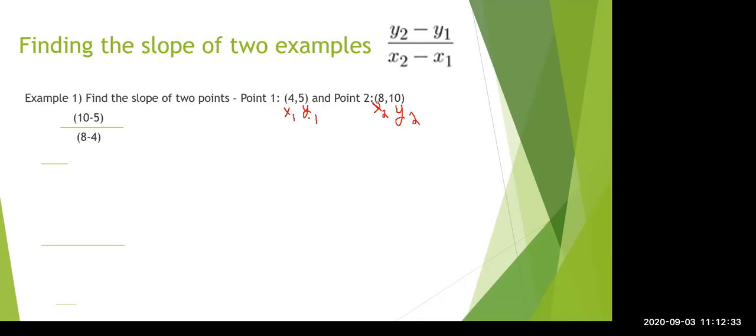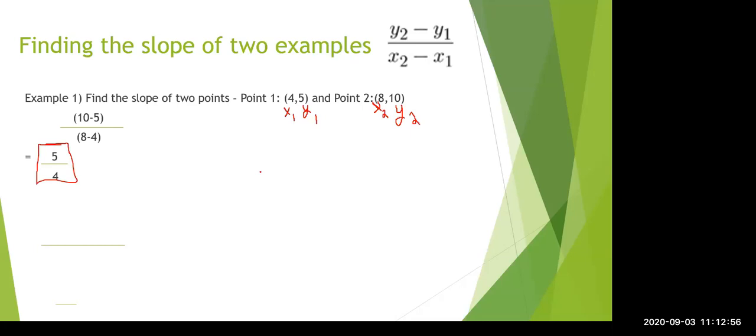So it's y2 minus y1 divided by x2 minus x1. Then this is simple math. It would be 10 minus 5, which is 5, divided by 8 minus 4, which is 4. So the slope of this line is 5 over 4, 5/4.